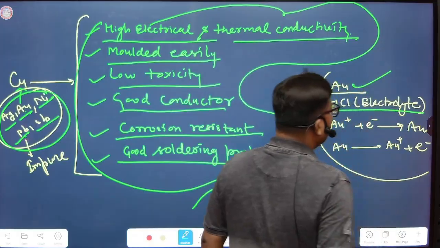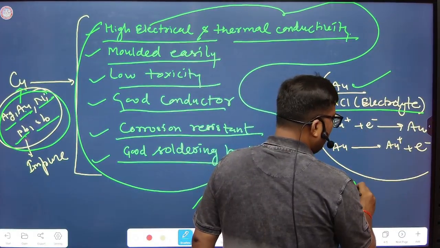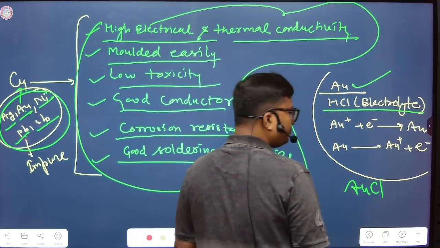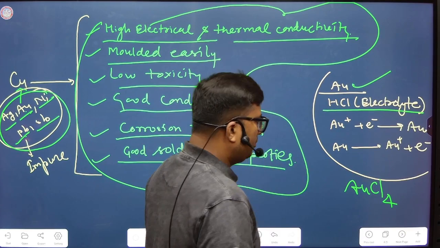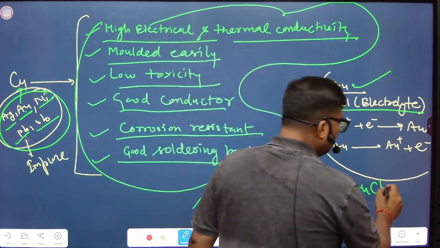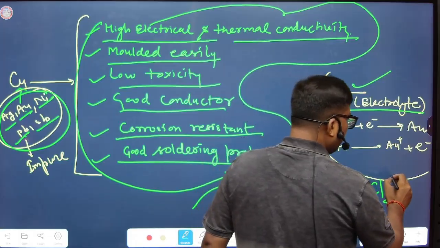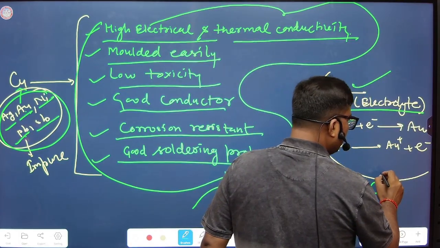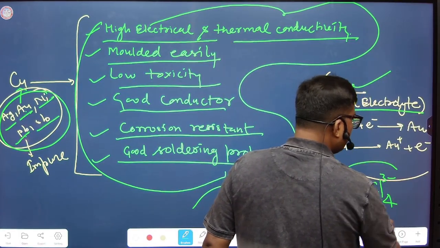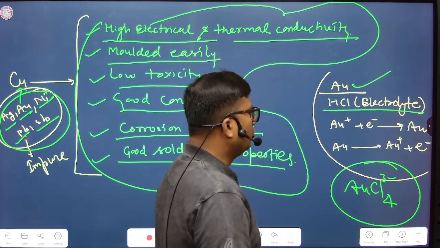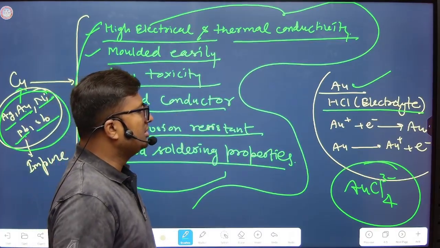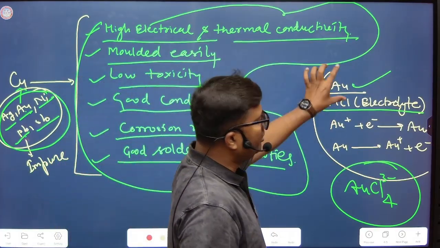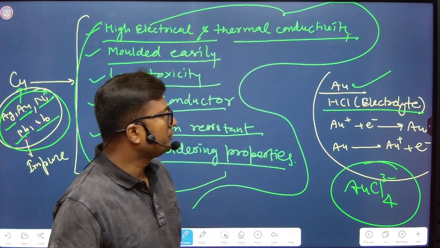HCl is the electrolyte because AuCl4 minus, tetrachloroaurate, is a complex, and this complex has the capacity to dissolve gold ions.